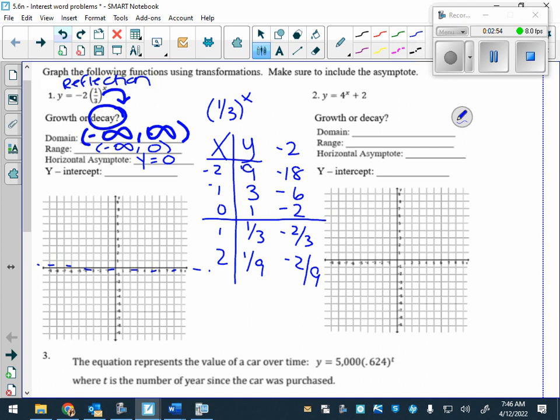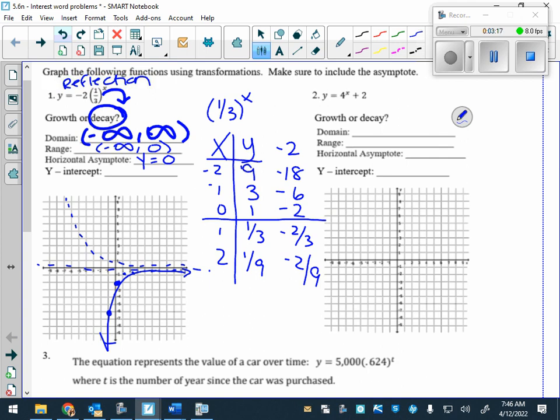Then you have negative 1, 6, 0, negative 2. So it's flipped over. Remember, the decay graphs look like that. When it's reflected, this is what it's going to look like and still represent a decay function.